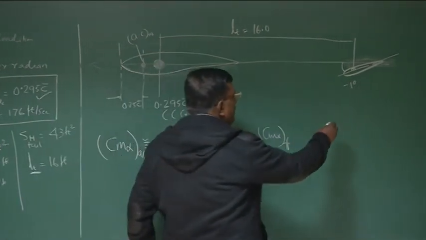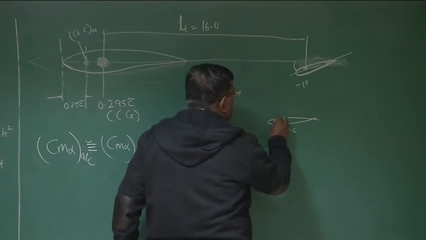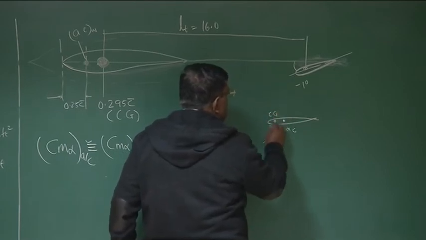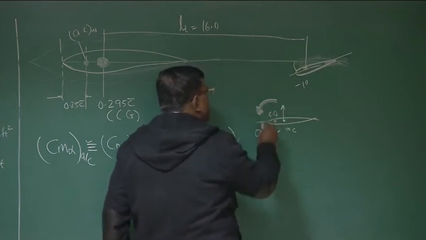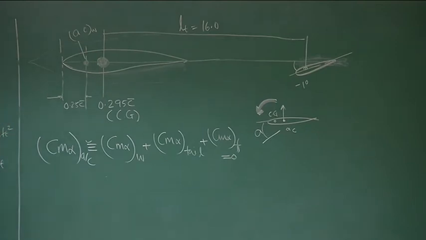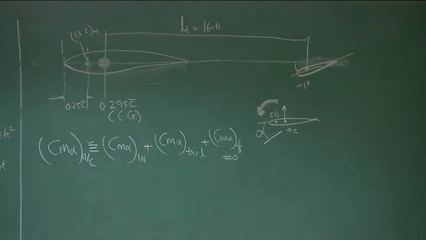If I again try to help you think, remember if the AC is behind the CG and there is a disturbance, then the force will come here, which will give a nose down moment. So for a positive alpha, there will be a negative pitching moment, so Cm alpha will be negative, and that leads to static stability.